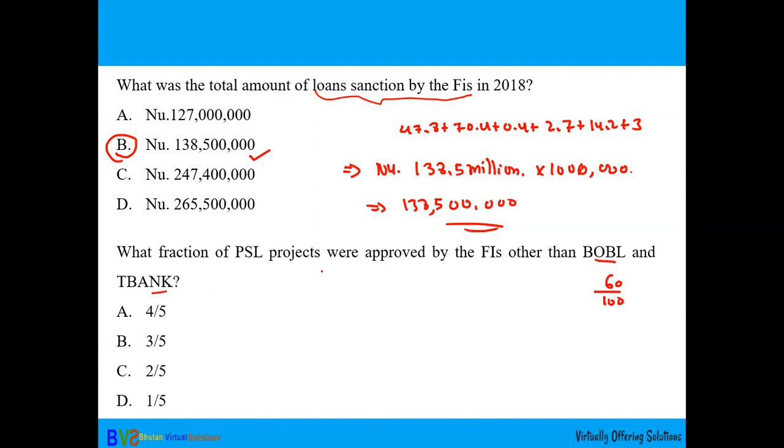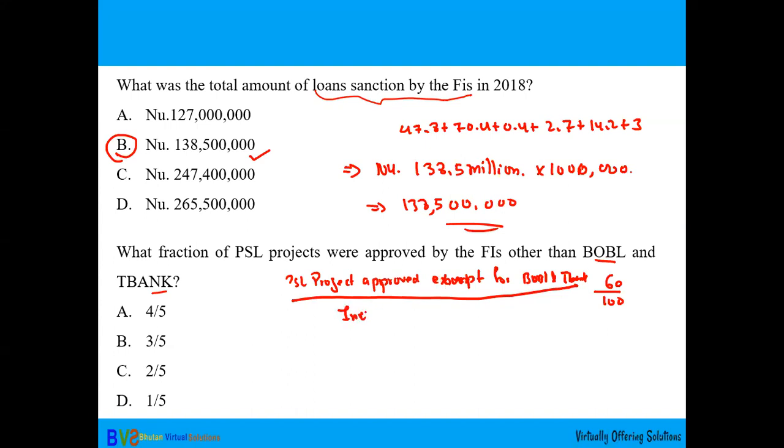The PSL projects approved, except for BOBL and TBank, divided by the total, including BOBL and TBank.